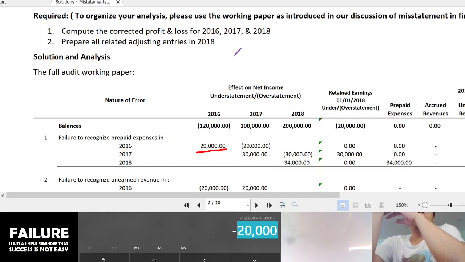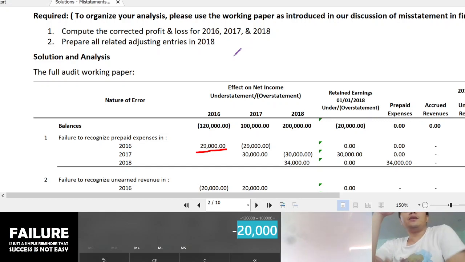However, this is not applicable in 2016 because yun nga, this error is incurred in 2017. Kasi yun nga, prepaid siya. Diba? Prepaid. Paid today, incurred subsequently. Diba? Paid currently, incurred in subsequent period.